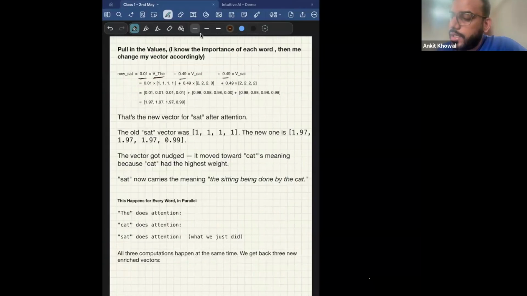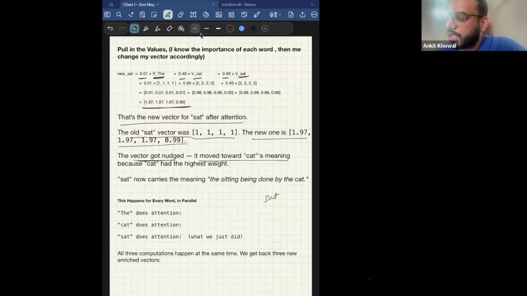Now I take the value vector of "the", the value vector of cat and the value vector of SAT and multiply them. Now the final vector of SAT will become something like this. The new vector of SAT after attention: the old vector was, let's say, 1, 1, 1. The new one is 1 point something. The vector got nudged. It moved towards the vector of cat, because cat was impacting it. So now SAT gets its answer.